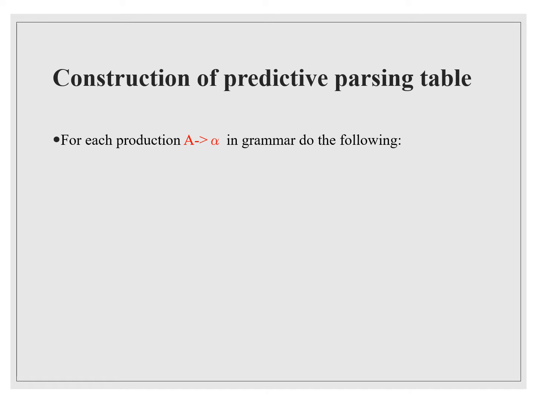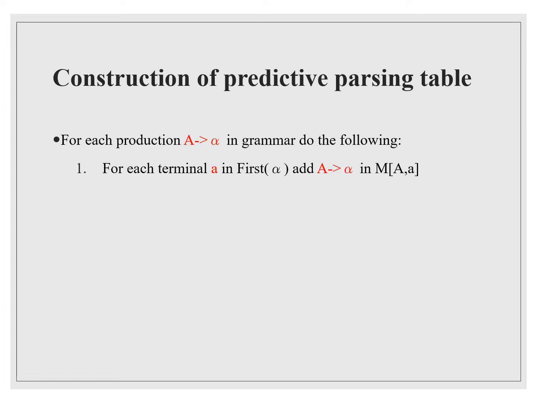So what is the first step in the algorithm? This is the generalized concept. Let us consider that in a grammar we have a production A derives alpha. How do we construct a parsing table for this case?